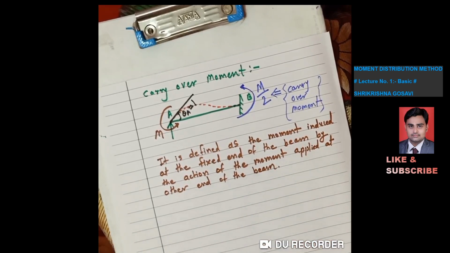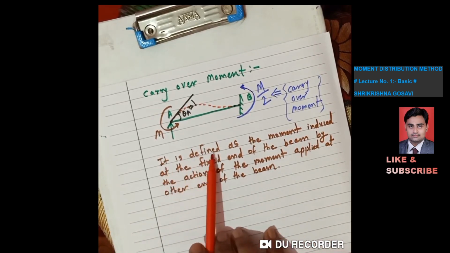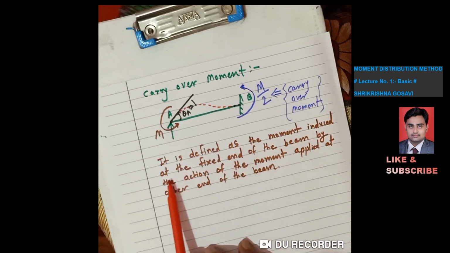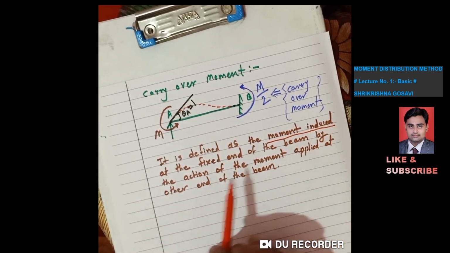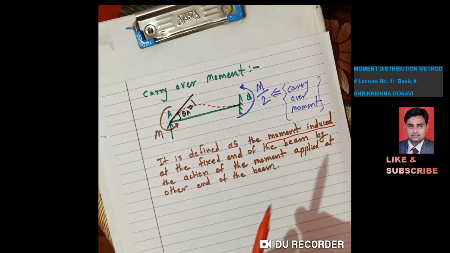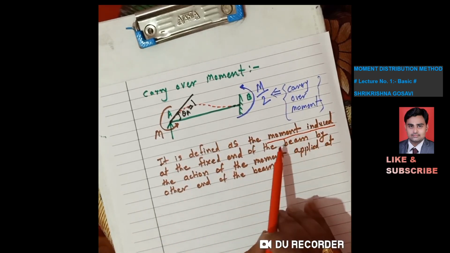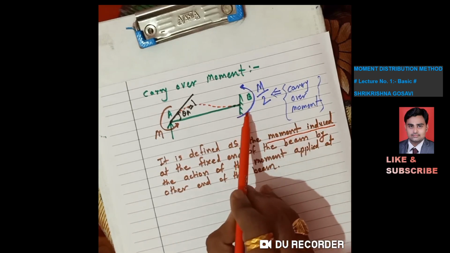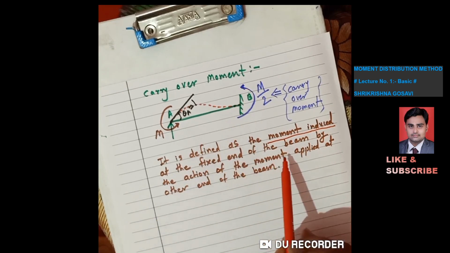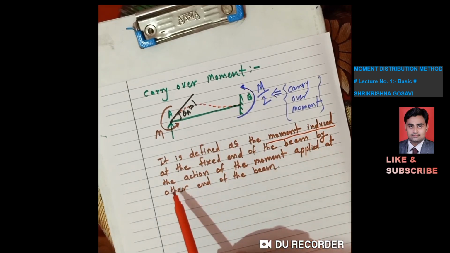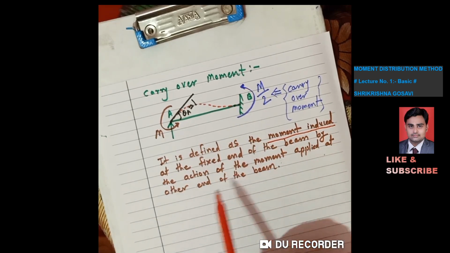Now in the definition you will clearly understand what this is. It is defined as the moment induced at the fixed end. So this sentence is very important. Moment induced: the moment is getting generated, it is not applied. So this is the induced moment at the fixed end, at this end, by the action of the moment applied at the other end.